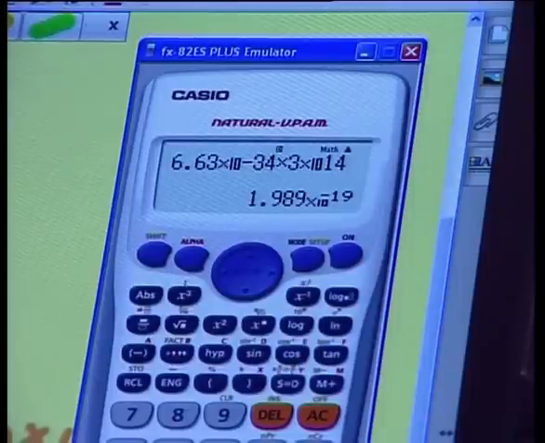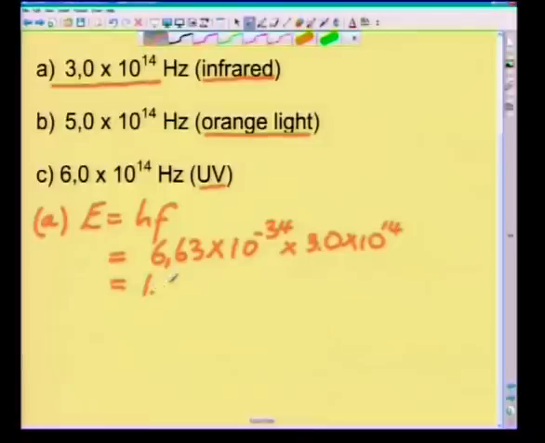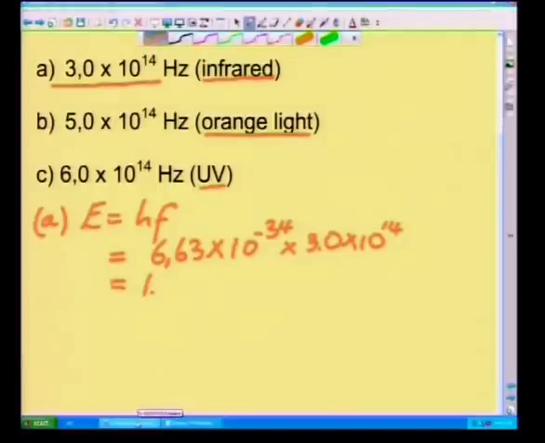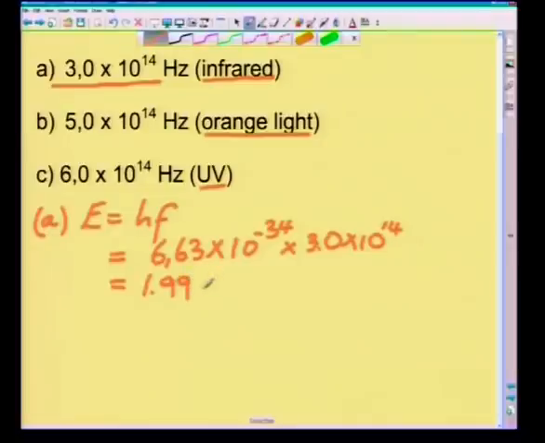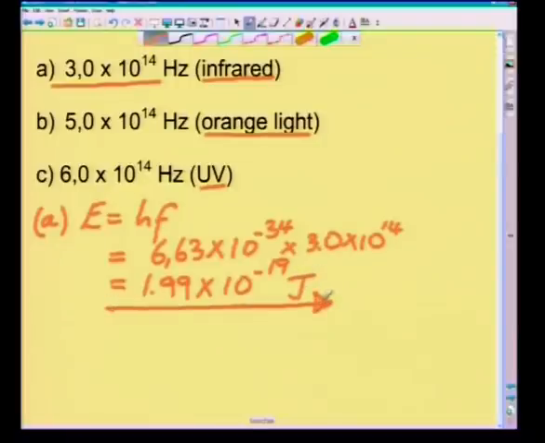It gives us 1.989 by 10 to the power minus 19. So it's 1.99 by 10 to the power minus 19. You're calculating for energy, and the unit is the joule. So that's how we calculate for it.